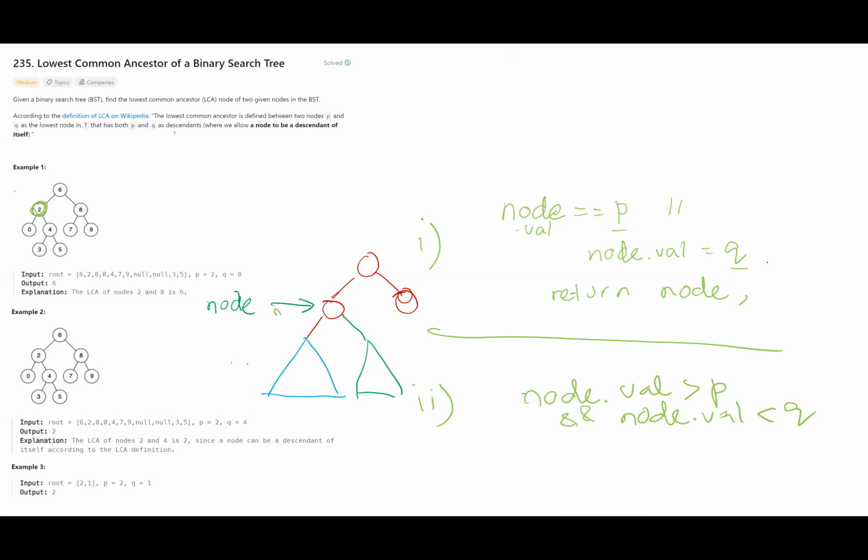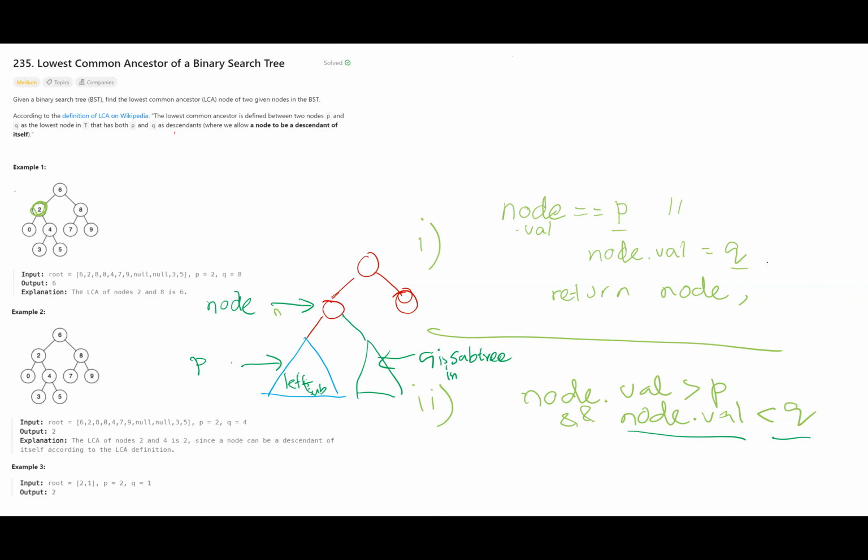P must be somewhere here, in the left subtree. And the node's value is less than Q, so Q must be in the right subtree. Can we say that?